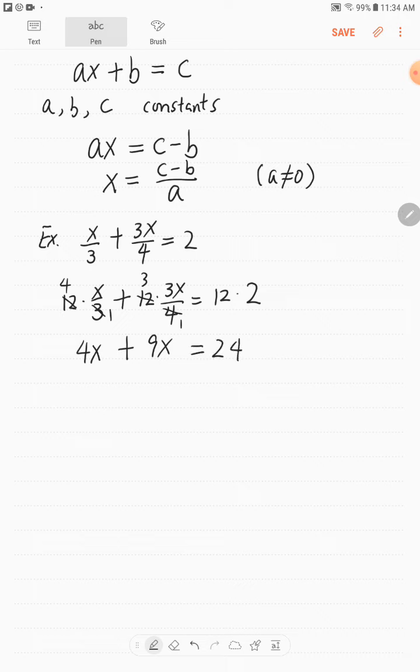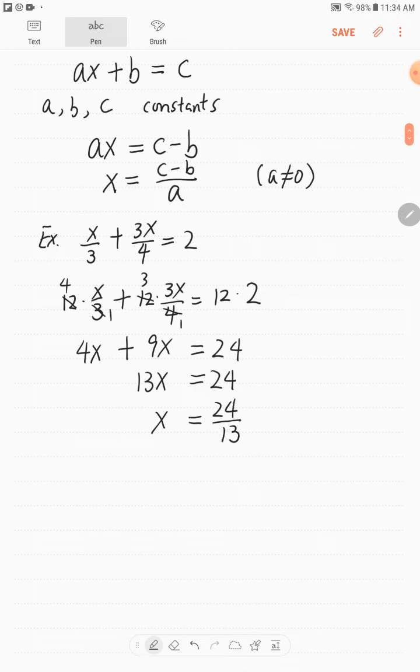Then we need to add them together, and you will have 13x equals 24. So you can see that I put all the x terms on one side. So we try to isolate the variable x on one side of the equation. Then we divide by 13, so you have 24 over 13.